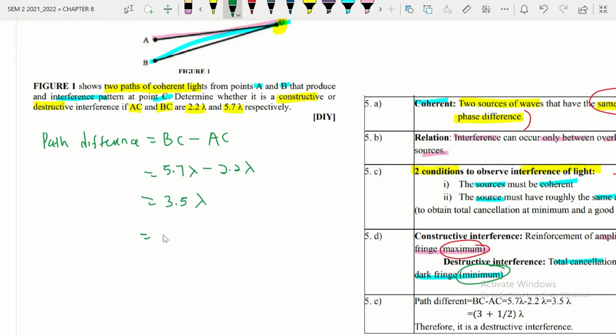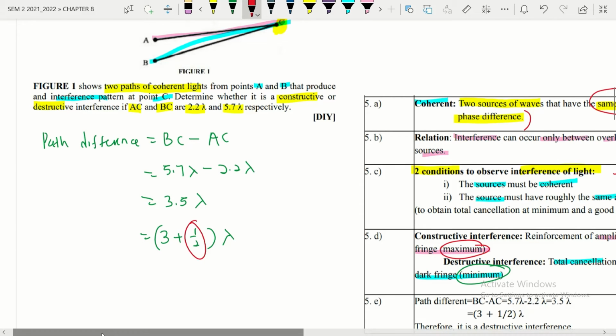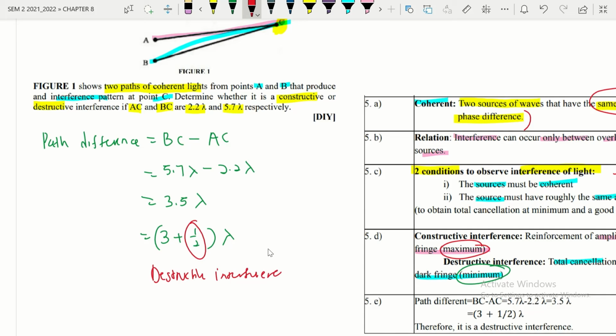The 3.5 has a half, so it is 3 plus half lambda of your wavelength. When there is this half, it is destructive interference.